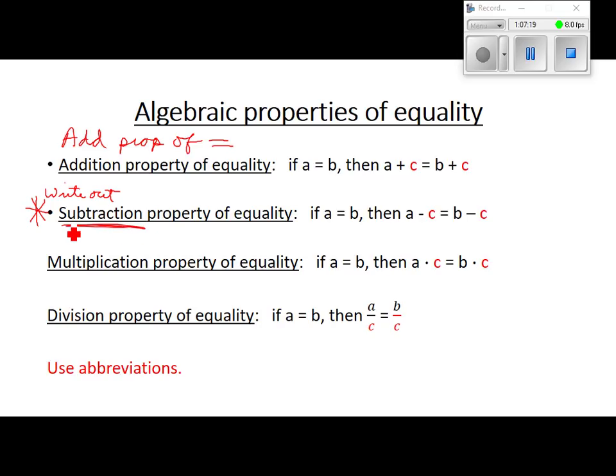The property of equality, you could abbreviate that. Multiplication property, you could abbreviate it. Division property, same thing, it could be abbreviated. Everybody got this much?